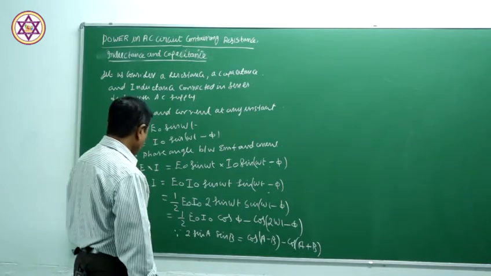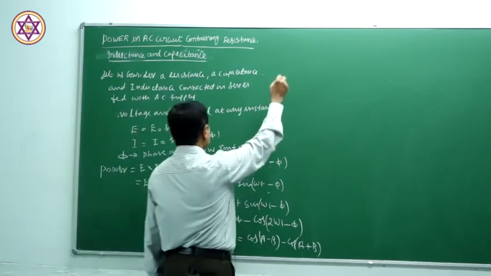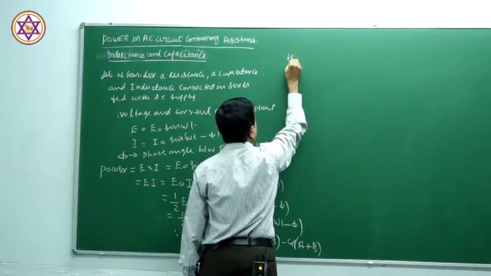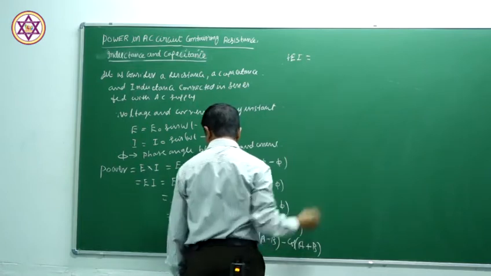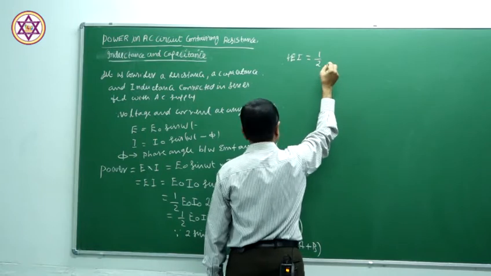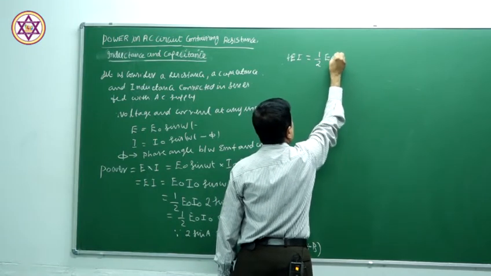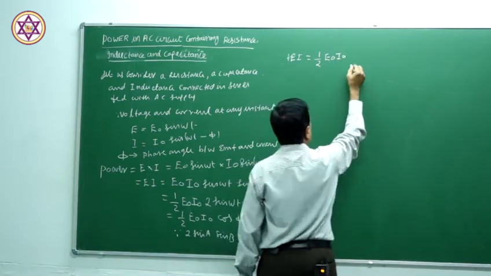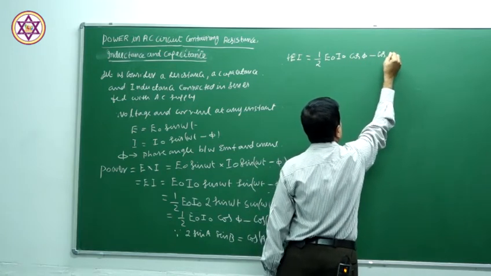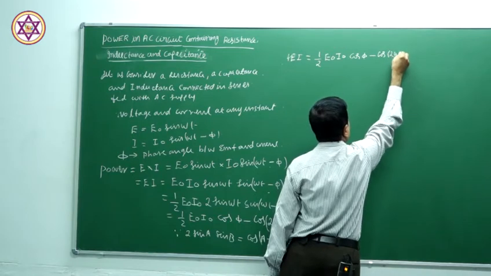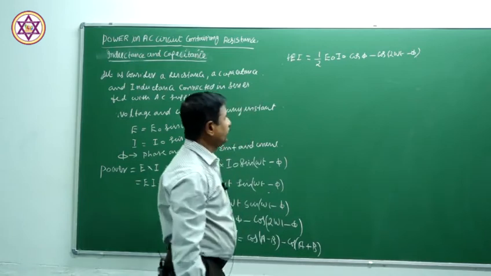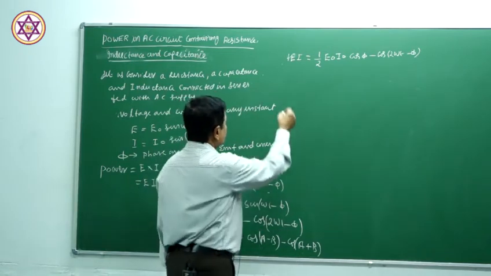So now what I got is power, that is E into I, equal to half of E naught I naught into cos phi minus cos 2 omega t minus phi. So you see here, this is the power.